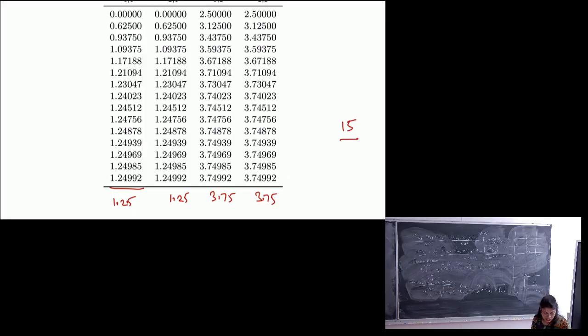After some time your decimals start repeating, 1.249, so they will start repeating. You can see how they start repeating and approach 1.25. The fourth decimal place is getting better, and that is also happening for other values of the iterations. Okay. So, this is a difference between these two methods.